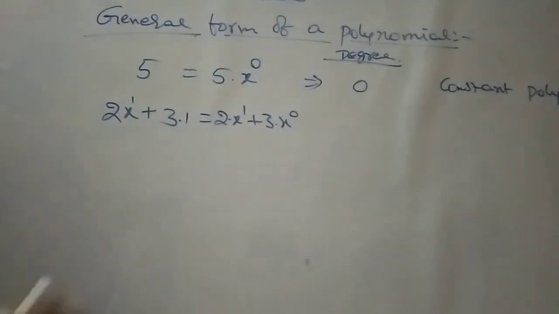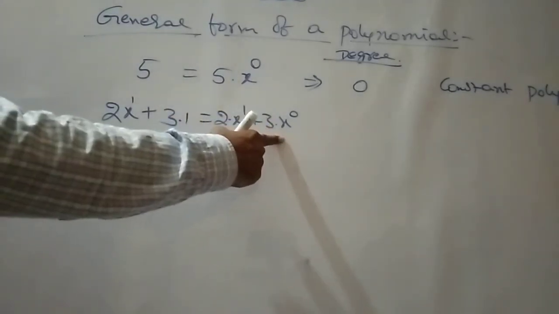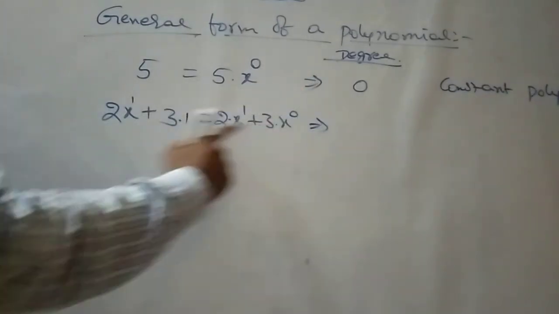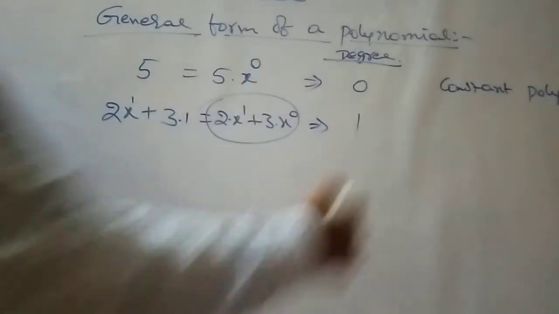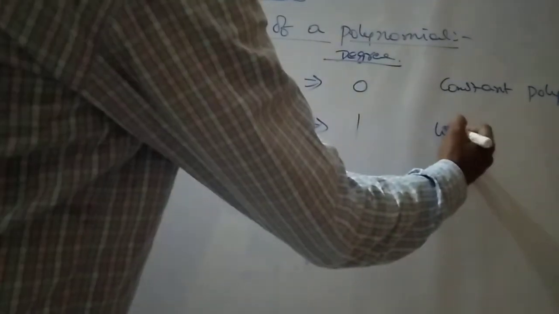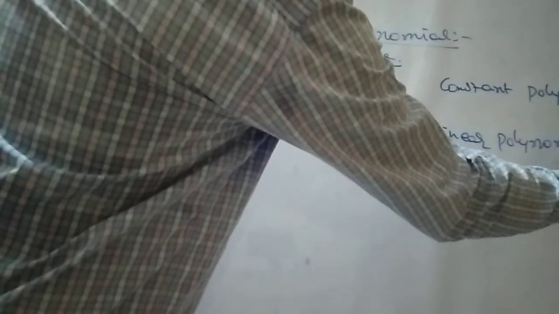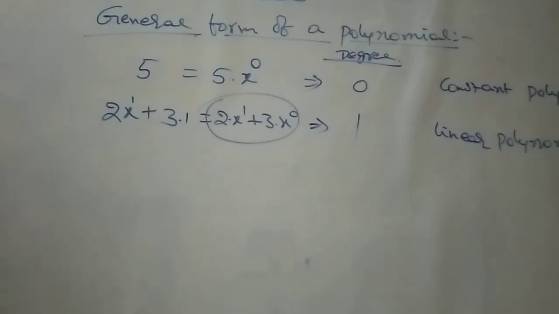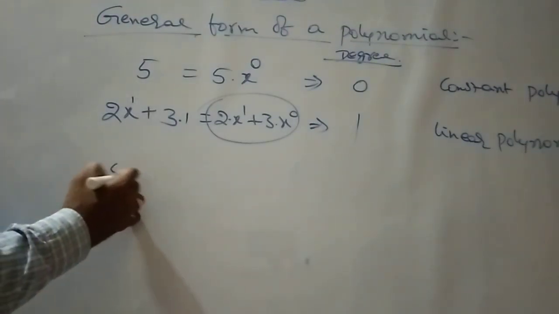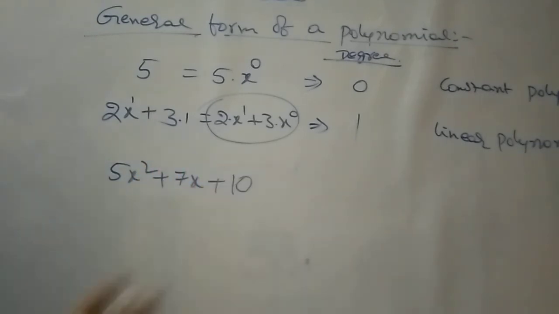The degree of the first term is 1, the second term is 0, and the degree of this total polynomial is 1. If the degree of the polynomial is 1, then this polynomial is a linear polynomial. Linear polynomial.